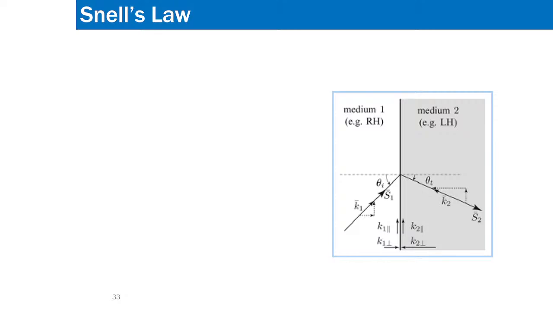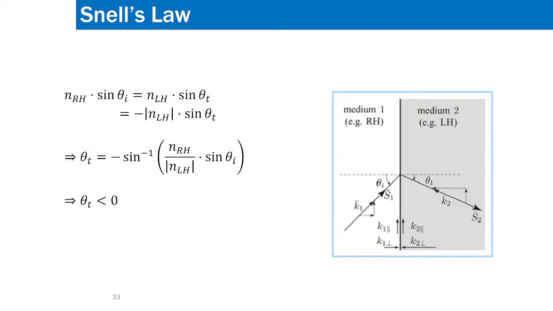N_RH, the refractive index in the right-handed medium, into sine theta i is equal to N_LH, the refractive index in the left-handed medium, into sine theta t. This is Snell's law. Now N_LH is negative, which means we can write minus absolute N_LH into sine theta t.